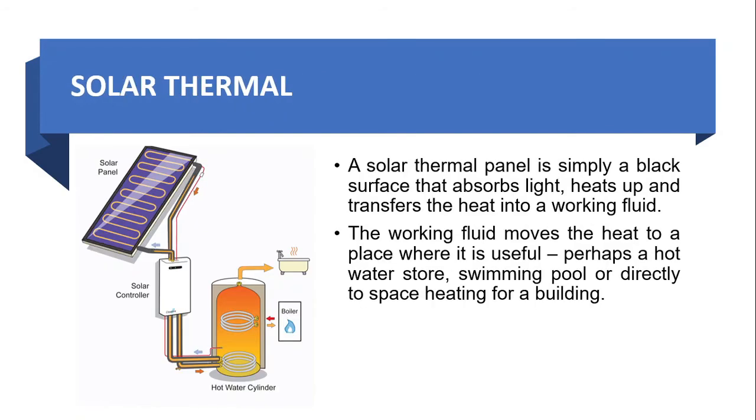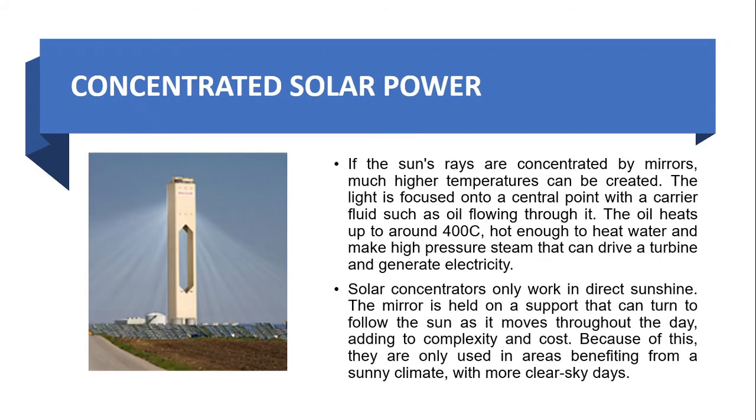It is just like the fluid which was flowing over here in solar thermal. Now this oil is going to be heated up to 400 degrees Celsius, and the temperature will be so high that it will be hot enough to heat the water or make high pressure steam out of it to drive a turbine and then eventually generate electricity.